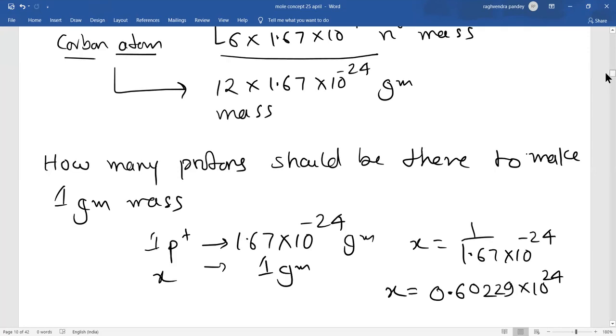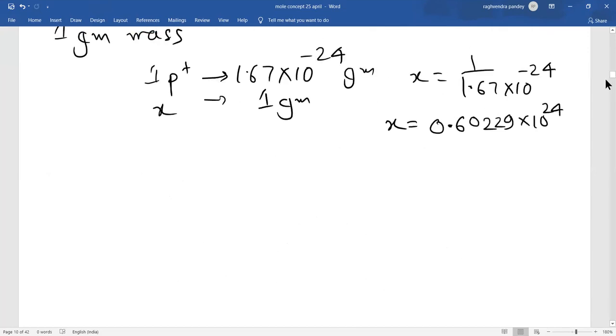Now when we write it in a more elegant form, we take this 6 here, I told you yesterday. When you are shifting the decimal places, this 0.6029 becomes 6.029, and this 24 becomes 23.